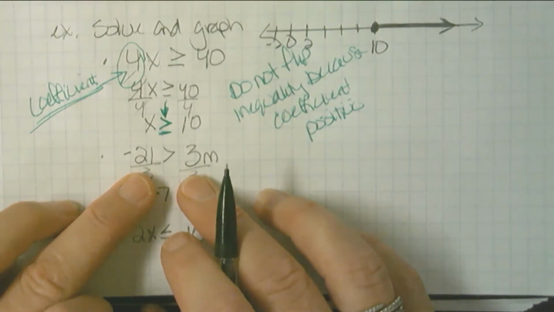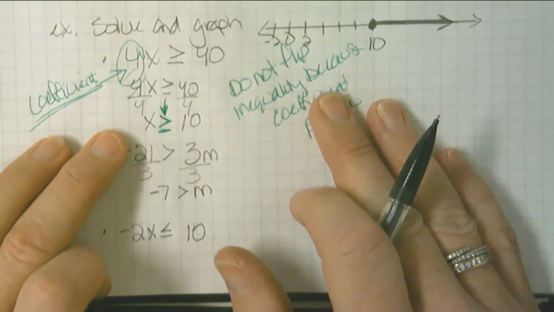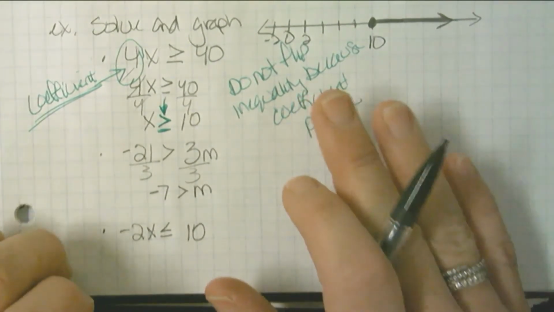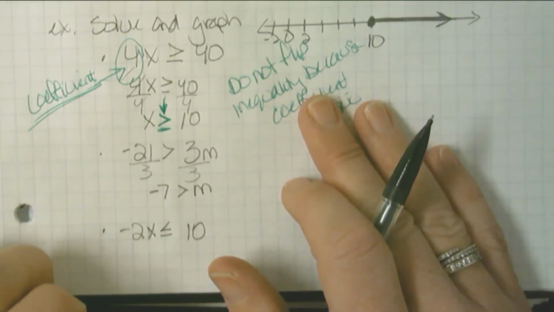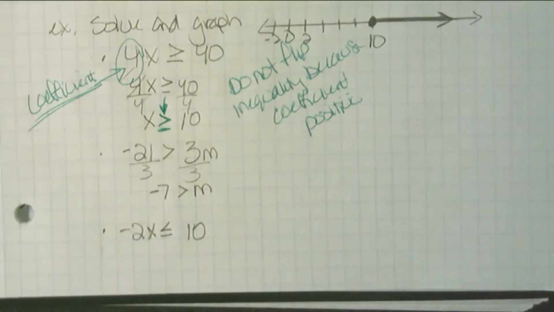I'm going to ask you why. So I need you thinking. Look back at the one that we just did and see why I did not flip the inequality, and then tell me now why I don't have to flip it. I need you guys being able to do this. I agree with you, Mateo, that we're not flipping it. Why are we not flipping it?